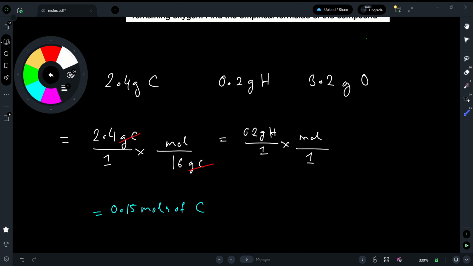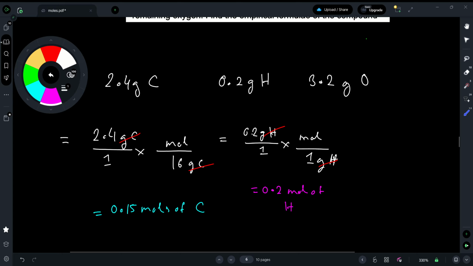We have 0.2 grams of hydrogen, so 0.2 grams of hydrogen by 1, and we have 1 gram of hydrogen per mole. Again we just cancel the grams of hydrogen, so you get 0.2 moles of hydrogen.